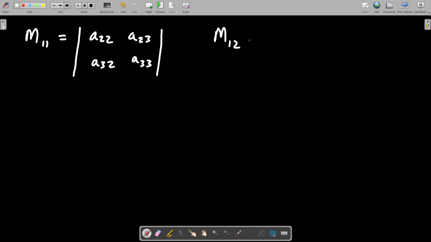Okay, next, find the minor M12. So what you will do here? Delete the first row and the second column. So here, just look at the matrix. What is going to remain is A11, right? Wait. Let me just show you all what this is first.